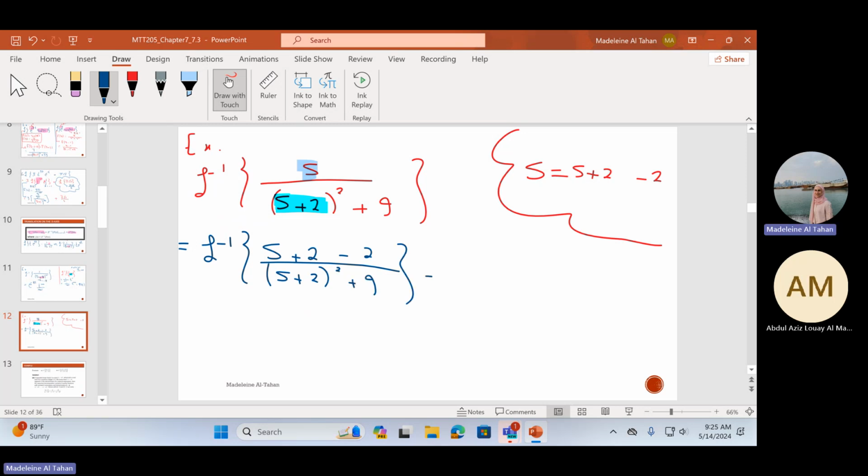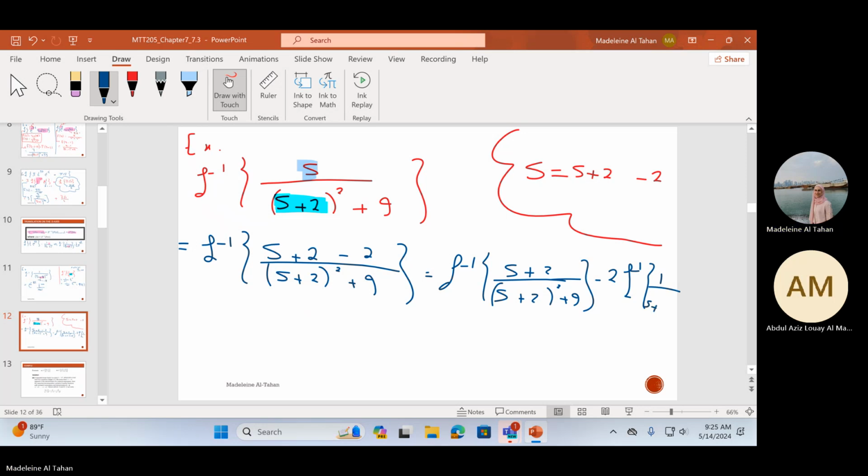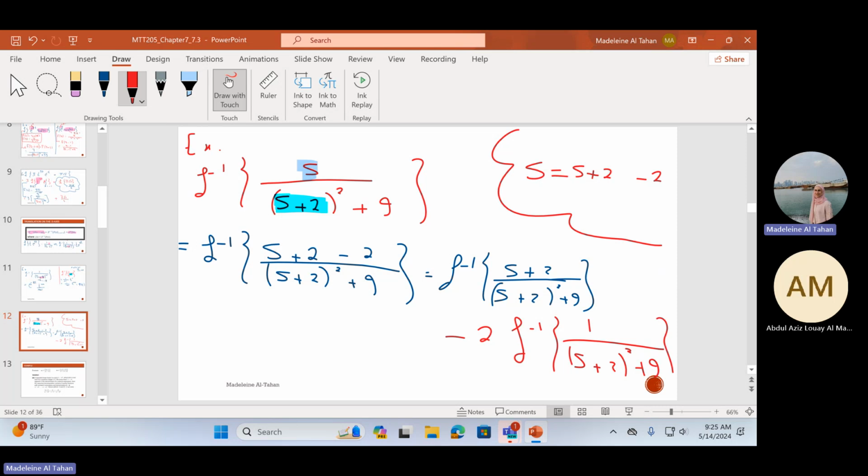And how can we write it now? We will get Laplace inverse of (s plus 2) over ((s plus 2) squared plus 9) minus 2 Laplace inverse of 1 over ((s plus 2) squared plus 9). Right, miss?